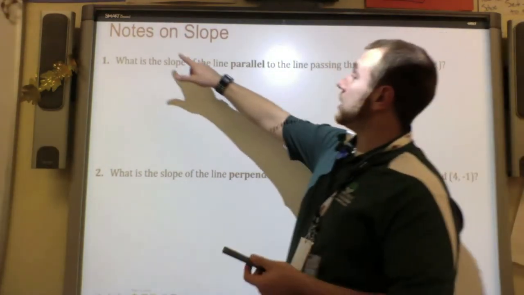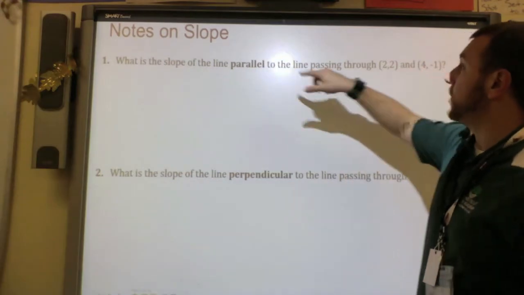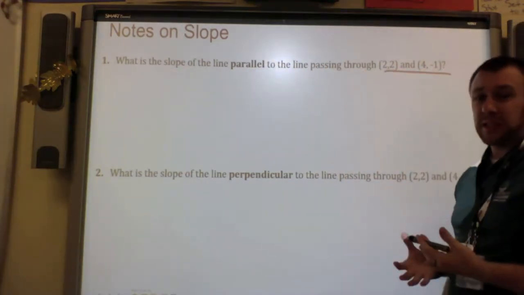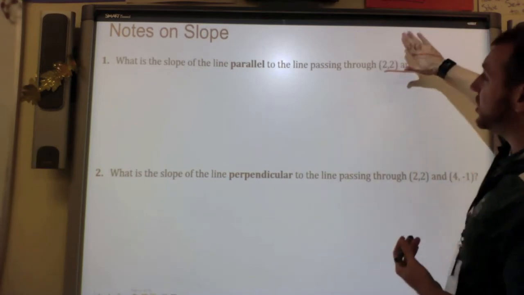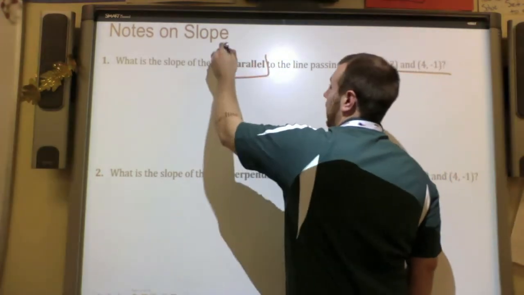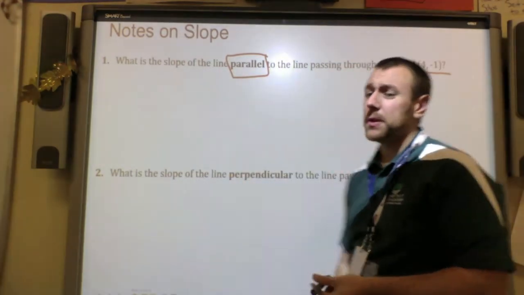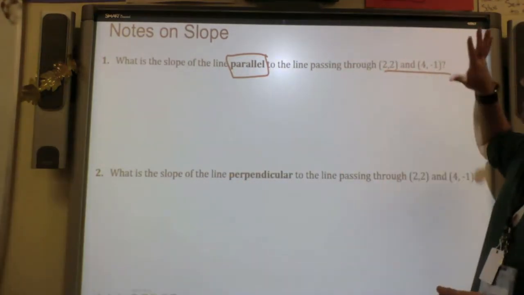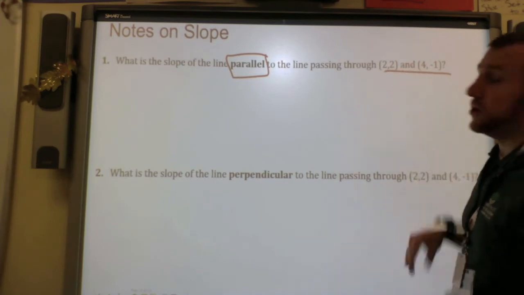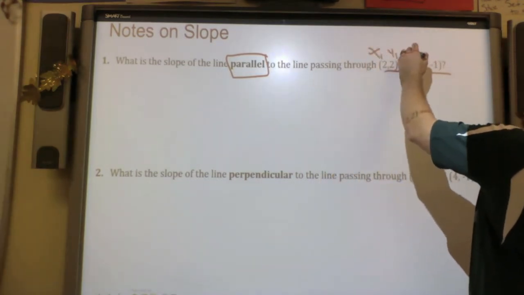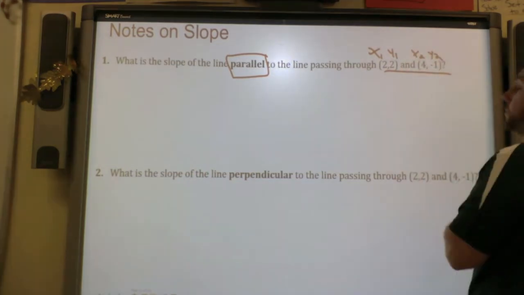I want to know what the slope of the line parallel to the line passing through these 2 points. What's really important is these 2 points and the word parallel. That's why it's in bold. And I know I'm dealing with slope. So I have 2 points. I'm going to find the slope between those 2 points. So again, x1, y1, x2, y2.